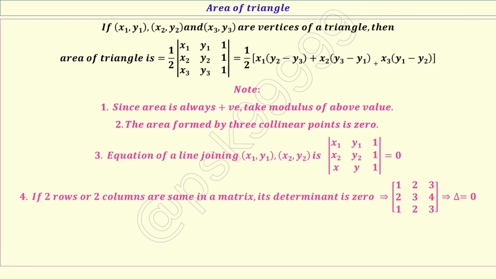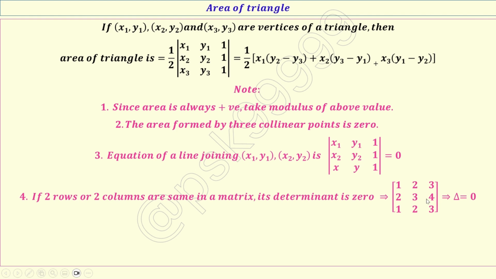Now if two rows or two columns are the same in the matrix, the determinant is 0. Suppose row 1 and row 3 are the same, then the determinant is 0. If column 1 and column 2 are the same, then the determinant is 0. So this is one easy way. How do you prove it? Very simple. You take the determinant by the third row here.